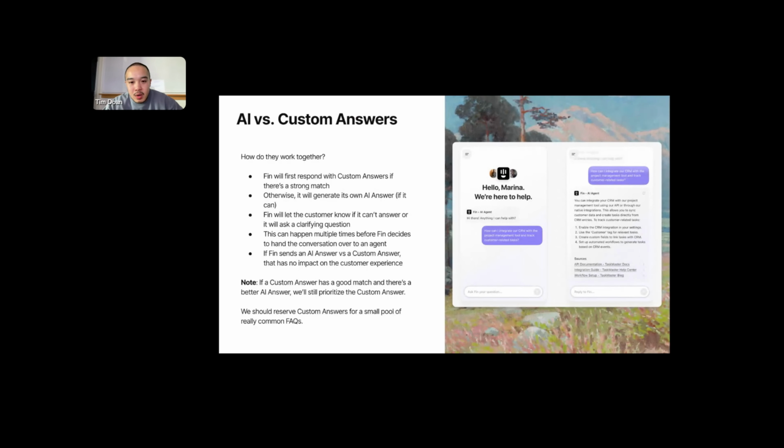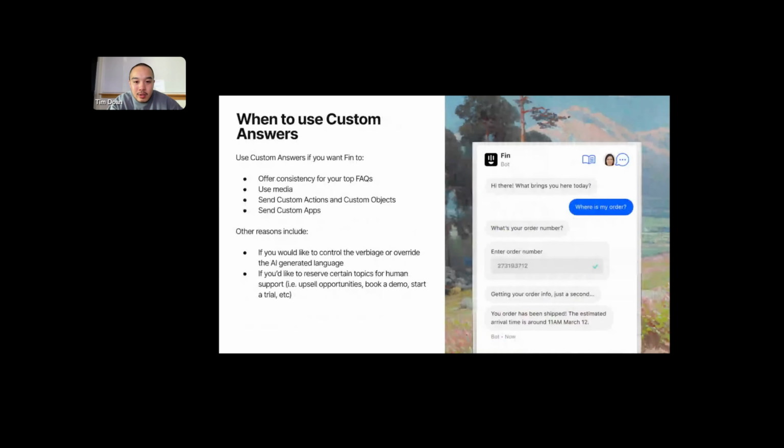What we recommend is reserving custom answers for a small pool of common FAQs or questions that you want to have very specific wording on. So let's talk through when you should use custom answers. These are the general use cases. Mostly, you want to use them for very nuanced or specific issues that you need absolute control over.